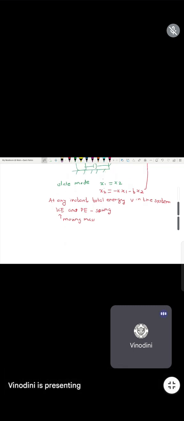Then what is the statement of the energy associated with x1 and x2, the states? It is 1/2 x2 square plus 1/2 k x1 square, isn't it?